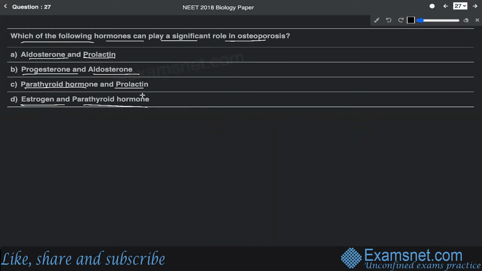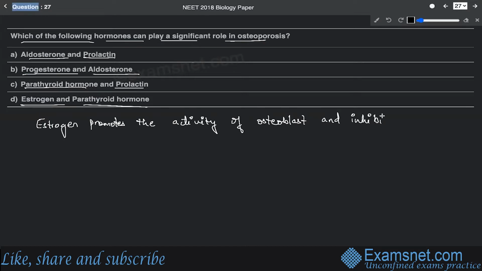Now, let me tell you that out of the different hormone combinations that has been given in the below options, estrogen is one such hormone which is responsible for promoting the activity of the osteoblast, and they are responsible for inhibiting the osteoclast. All right. So, in case of the females or aging females, this osteoporosis is very common because of the deficiency of estrogen in them. So we can say that estrogen promotes the activity of osteoblast and inhibits osteoclast.